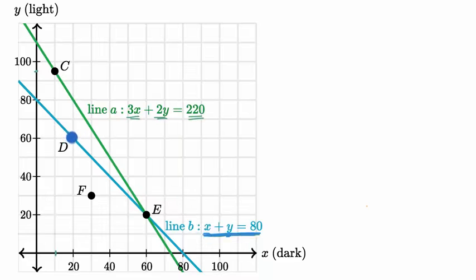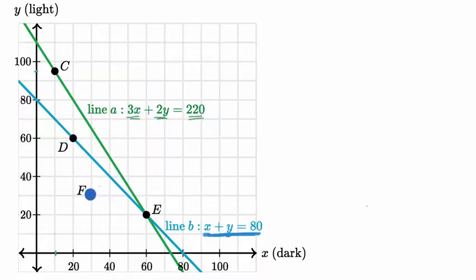Well, because this point lies below the green line, that tells us that we are spending less than $220. And we could even try it out. 3 times 20 plus 2 times 60 is what? 60 plus 120 is $180. And so this is a point where we're meeting this constraint, but we're not meeting this constraint. We're underspending right over here.